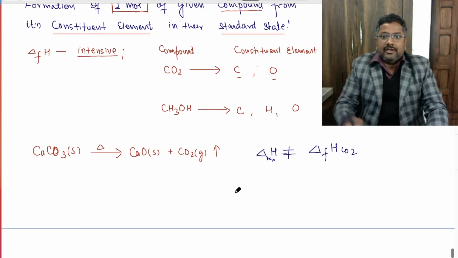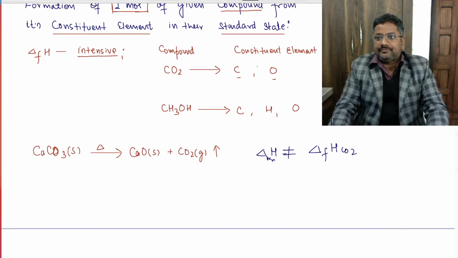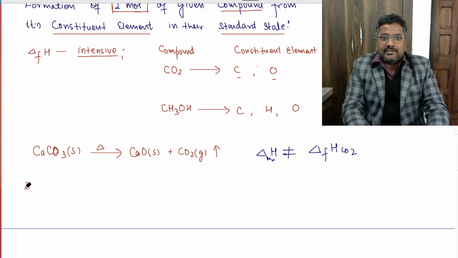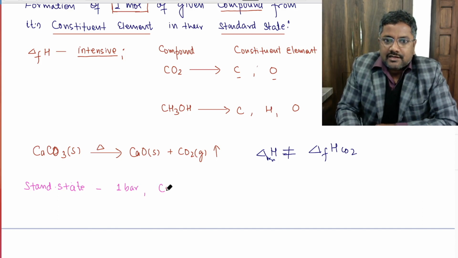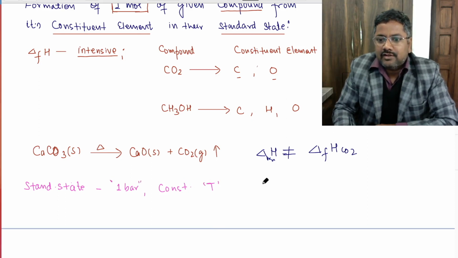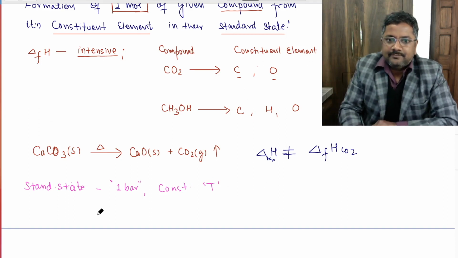The standard state is 1 bar pressure. You have to fix this 1 bar pressure and a constant temperature, and if it is not given, then it is 298.15 Kelvin, and the naturally occurring, most stable form of the element, right?